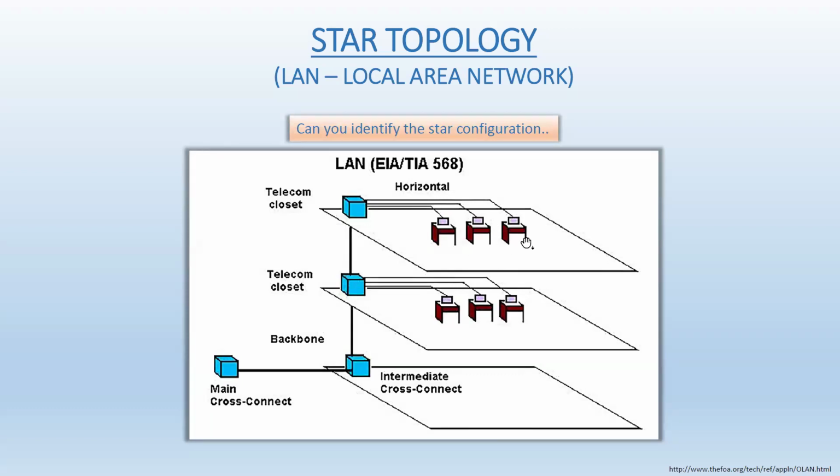Now, horizontal runs are all the runs that are going to the same closet, or the IDF, or, well, it could be the MDF if there's a small venue. So these three PCs are part of this horizontal configuration. Let's say this PC was connected through the wall, up the ceiling, to that one.